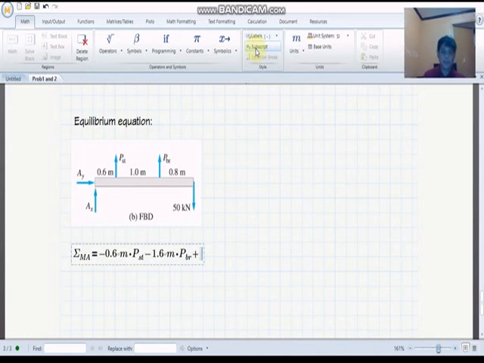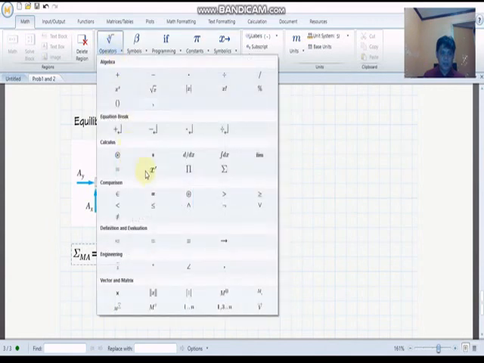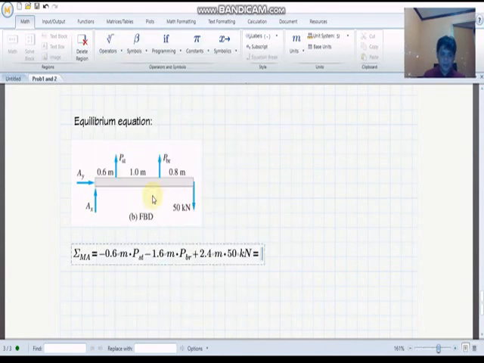Okay, so we have the total length 0.6 plus 1.8, the total is 2.4 meters, plus 2.4 meters times the 50 kilonewton load. Okay. So since it's equilibrium, this will be equivalent to 0.